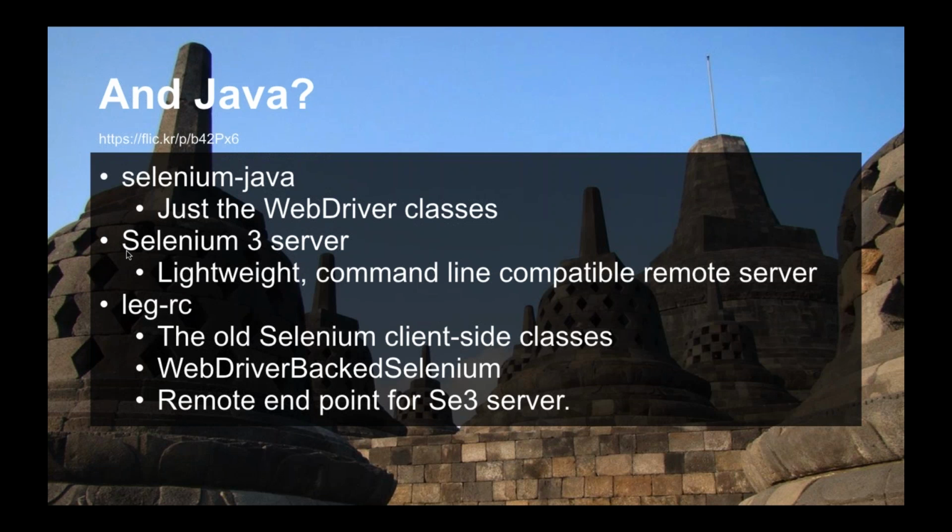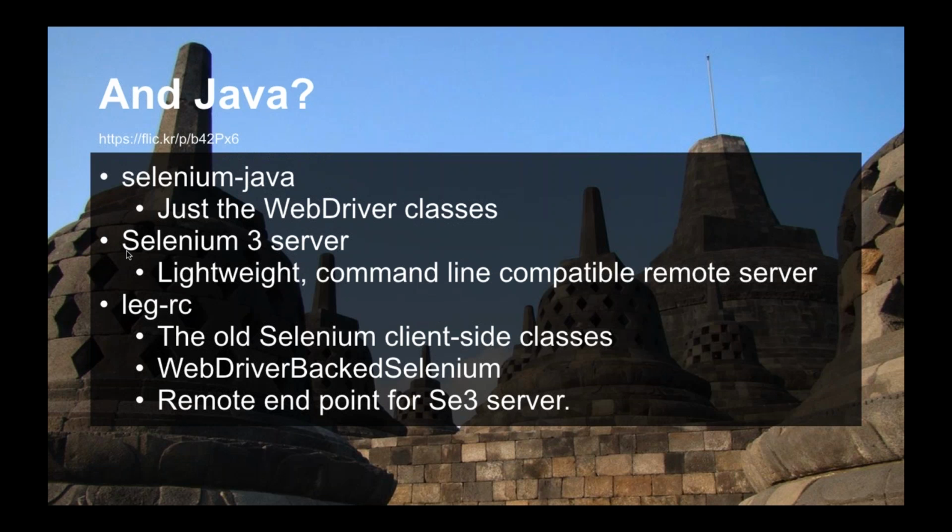That is, if you start your test with star Firefox right now, what will happen is you'll get a WebDriver backed Selenium that happens to be based on the Firefox driver. If you use star Google Chrome, you get Chrome. If you use star IE or IE HTA, you'll get one backed by the Internet Explorer driver.